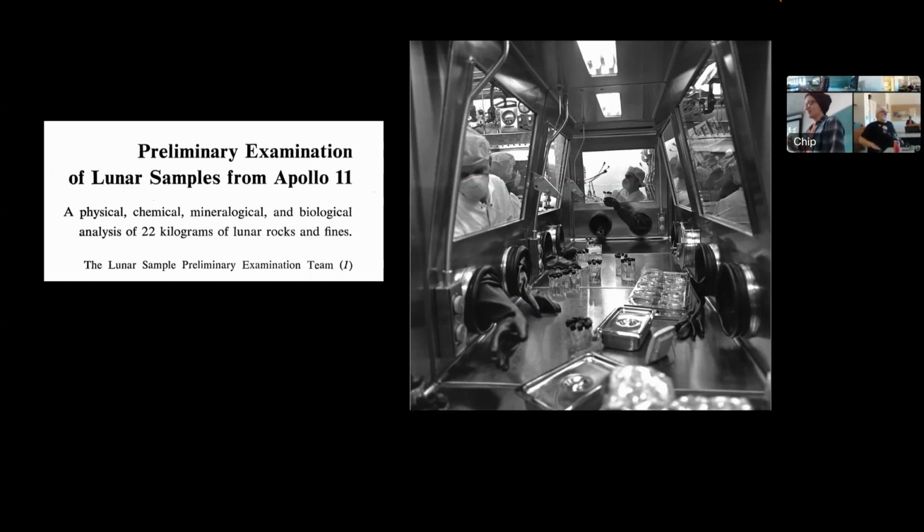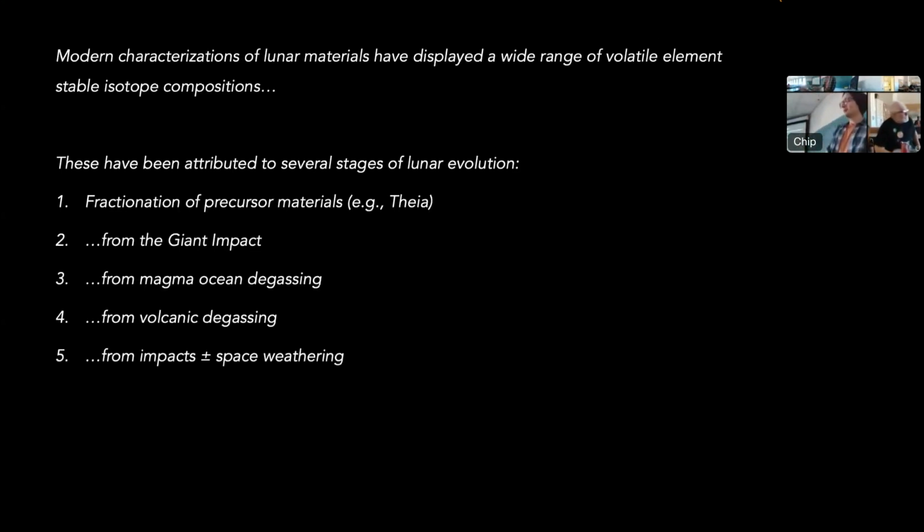And the rationale for this is that lunar materials have experienced extreme processes, extreme manifestations of natural phenomena. So they're great type specimens to compare, to characterize any given process. Now, I don't need to belabor this point in this group, but this wide range of volatile element stable isotope values have been attributed to several stages of lunar evolution.